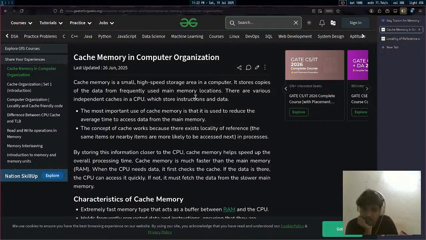The most important use of cache memory is that it is used to reduce the average time. Yeah. The concept of cache works because there exists a locality of reference. Yeah, that is true. I think I should note that down.